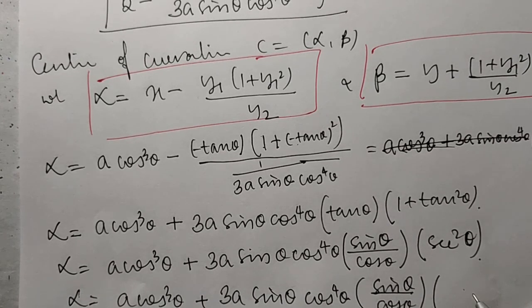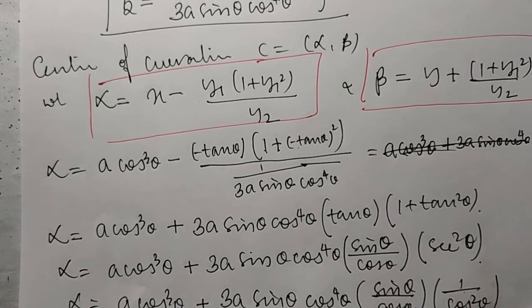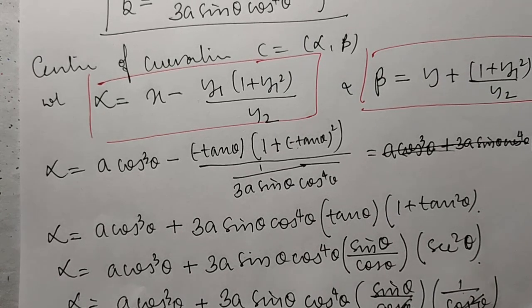Sec square theta is nothing but 1 divided by cos square theta. So cos and cos square get cancelled with this. Okay. Therefore, what remains?